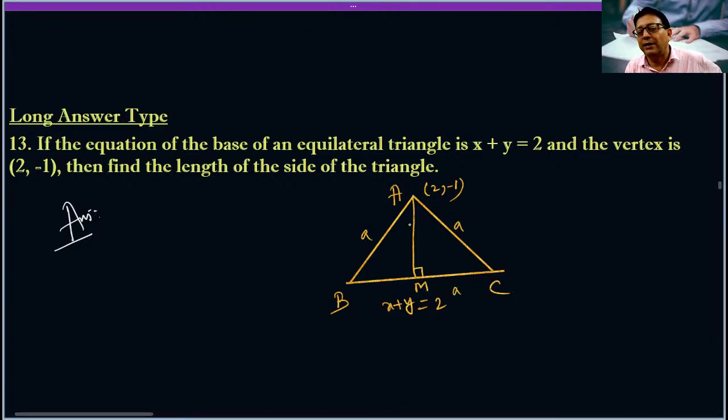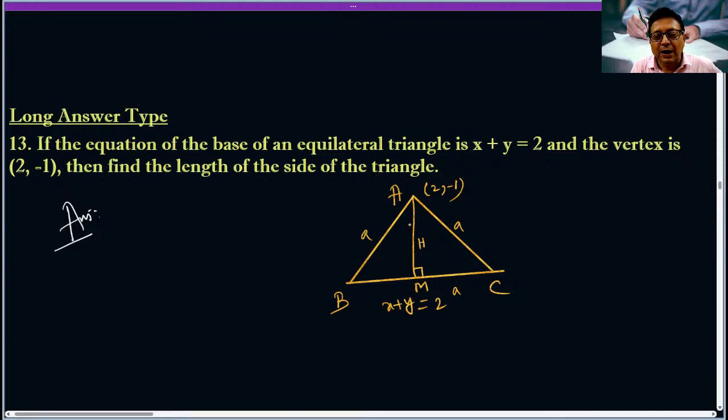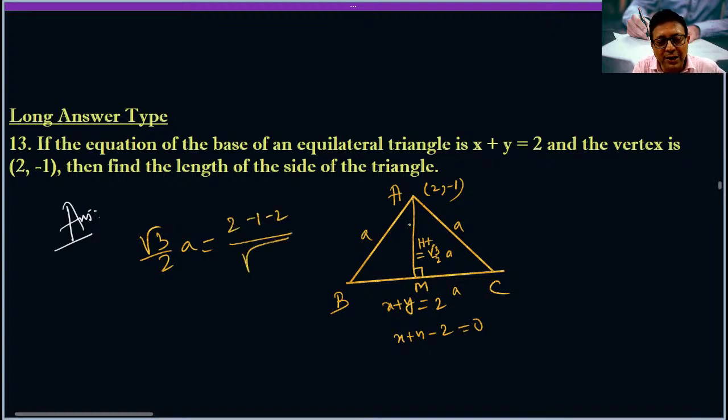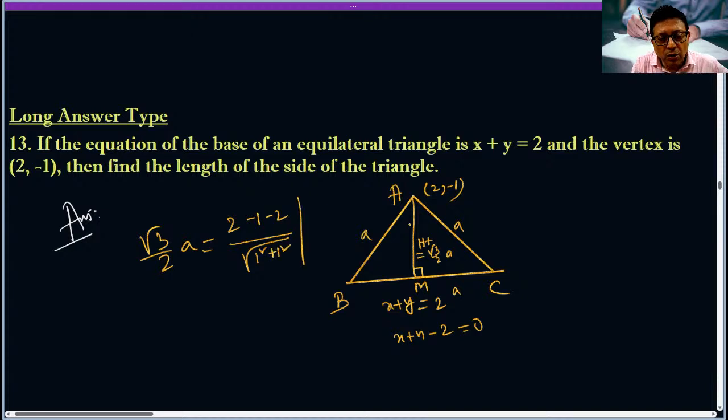So let the length of side be A. Height is what? So root 3 by 2 A equal to what? Perpendicular distance from here. That is 2 minus 1 minus 2 by root 2, all on perpendicular distance.